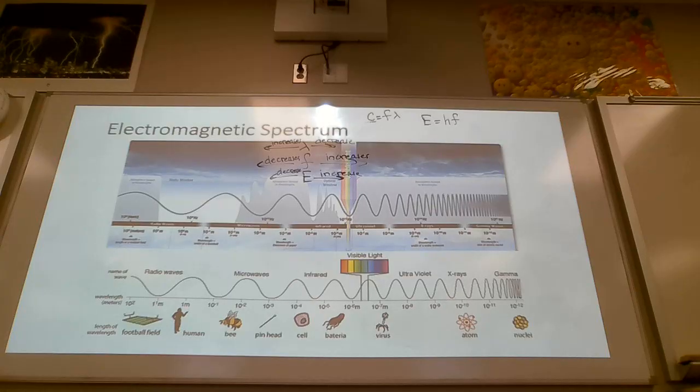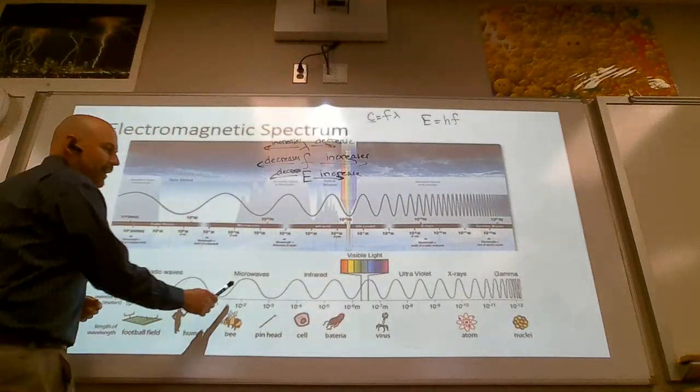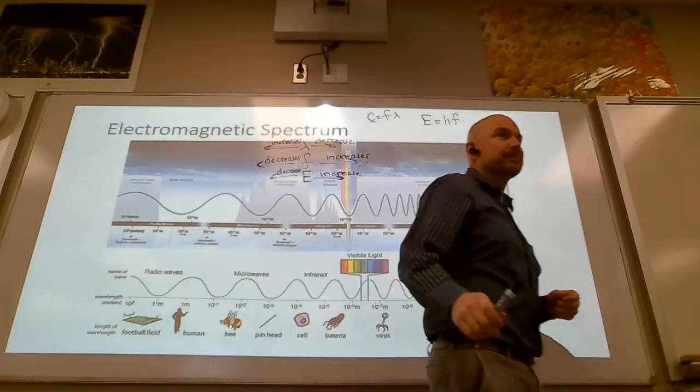That is a vast variety of electromagnetic waves. And we've categorized them into 7 big chunks. I mean, they're just massive. We've got radio waves, microwaves, infrared, visible light, ultraviolet, X-rays, and gamma rays.